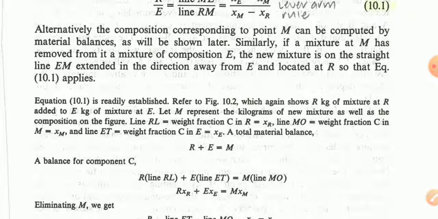later. Similarly, if a mixture of M kg is removed from a mixture of composition E, the new mixture is on the straight line EM.